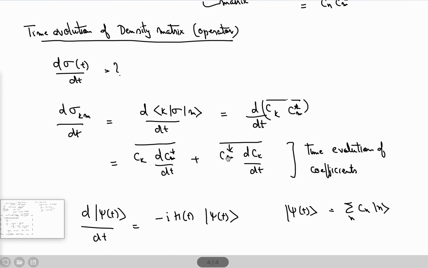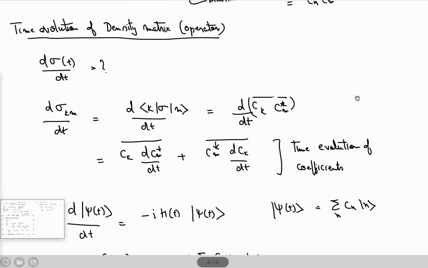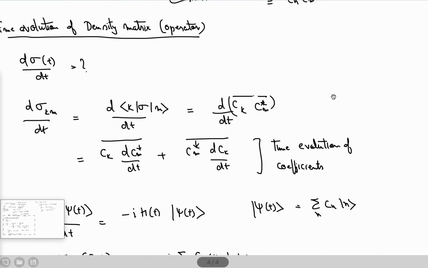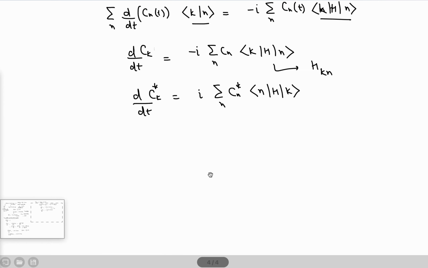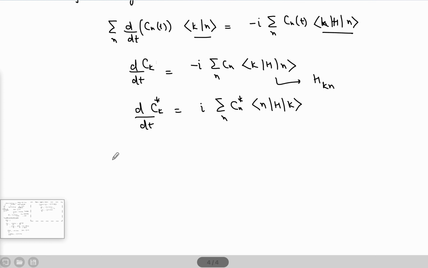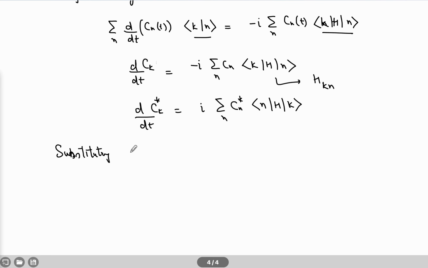So now let's go back to this equation over here and let's try to put in the values. So I have d sigma_km by dt. Substituting the dc by dt values in the d sigma_km by dt equation, what do we get?